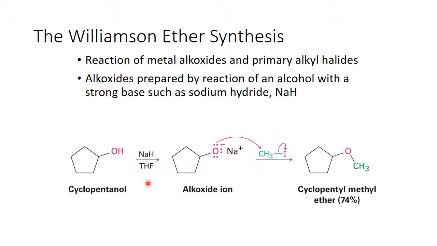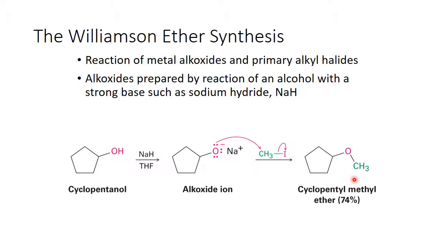What's shown here is sodium hydride forming the alkoxide, but we can use sodium amide or we can use sodium metal, and both of those will end up giving us the alkoxide. The alkoxide then can do an SN2 on a primary alkyl halide. The primary alkyl halide allows the oxygen to come in and displace the leaving group, and it ends up giving us an ether.